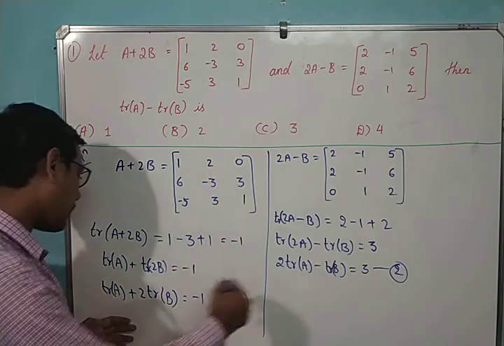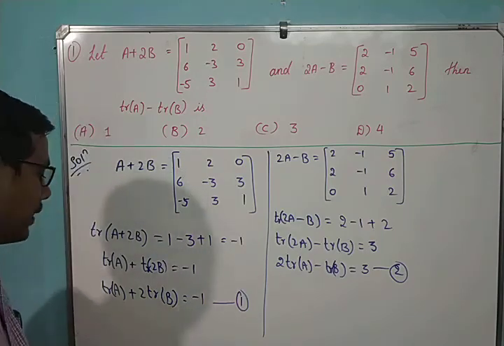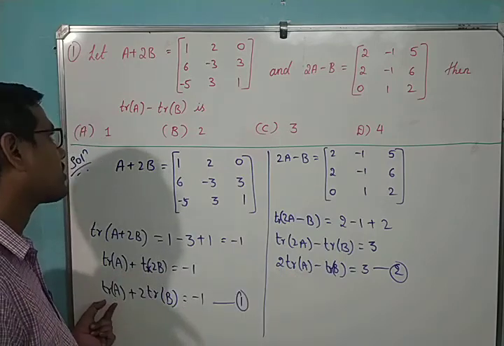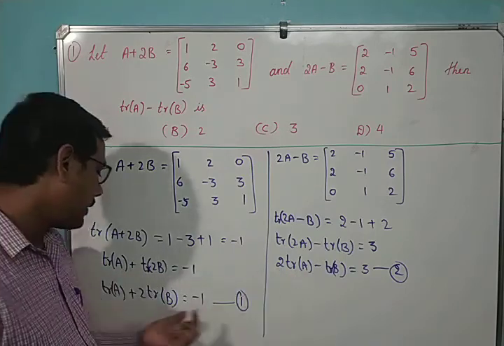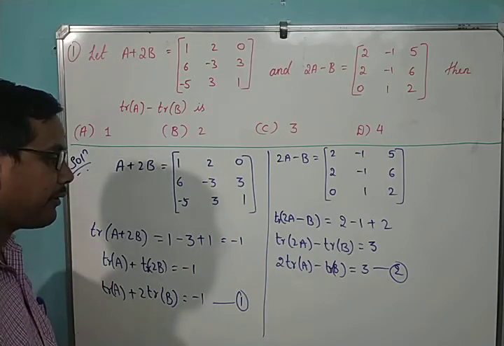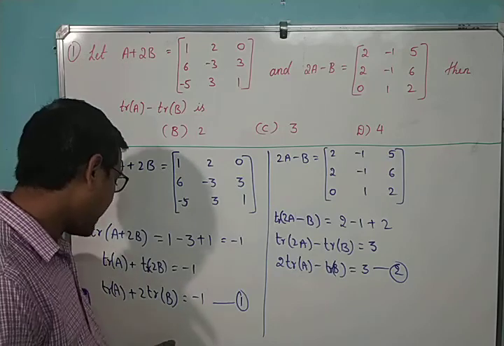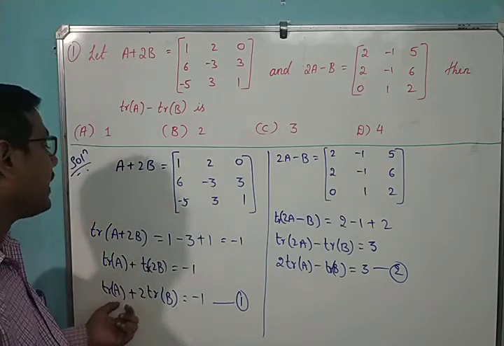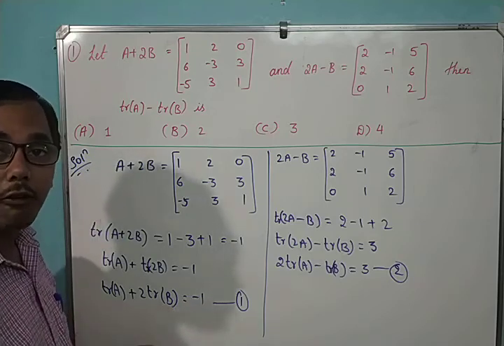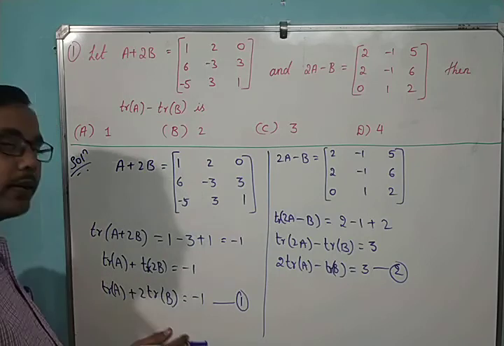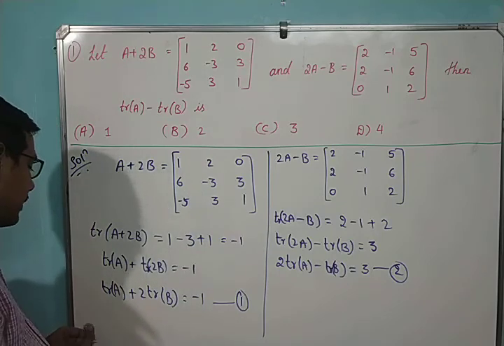If you add, I will get 3 times trace of A, and trace of B will be available. If I subtract, I will get trace of A, then 3 times trace of B. So adding or subtracting directly is hectic, so let's eliminate any one of them.